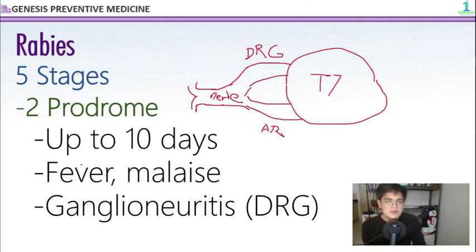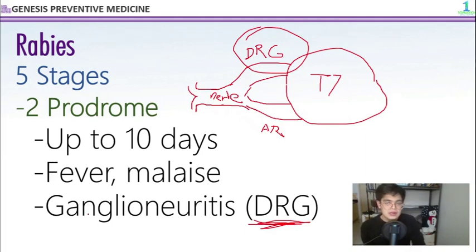So another name for these branches branching off from the nerve are the rami, singular ramus. So again, these are already parts of the central nervous system, or at least approaching the central nervous system. So whenever infiltration of the DRG by the virus has already occurred, then that is already the prodrome phase.